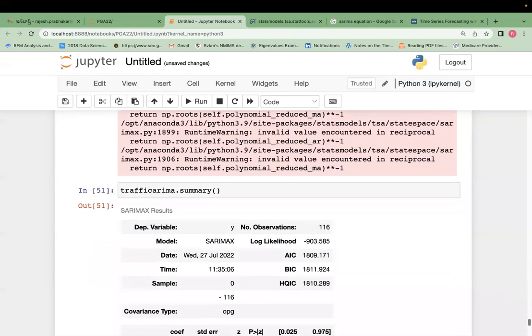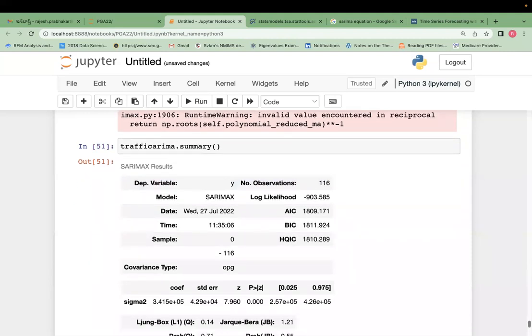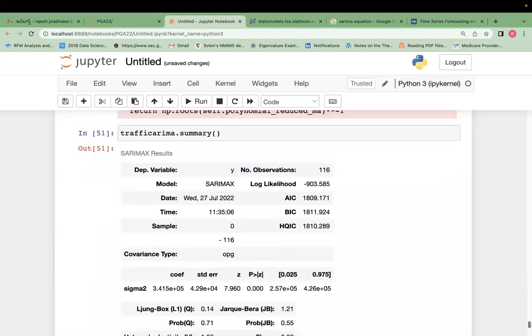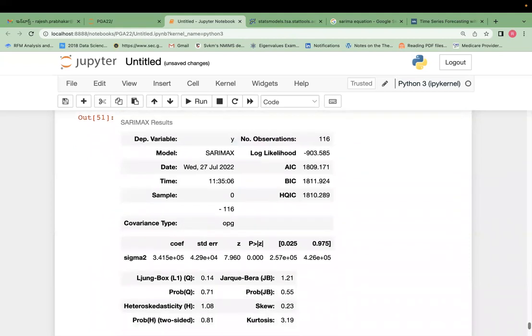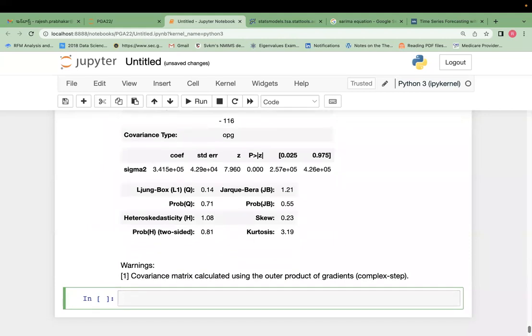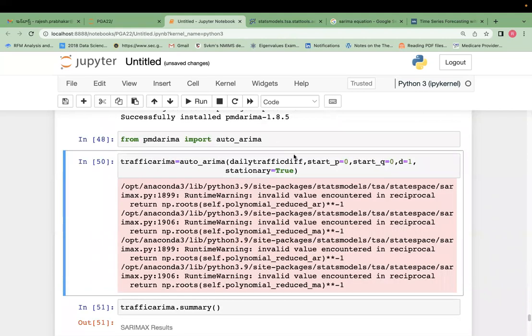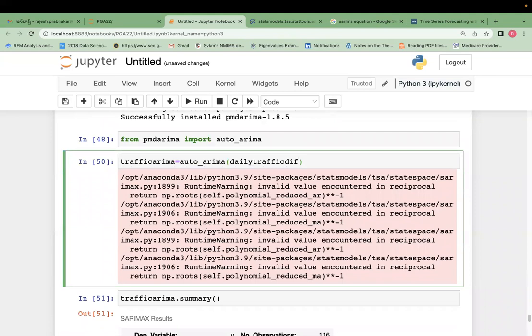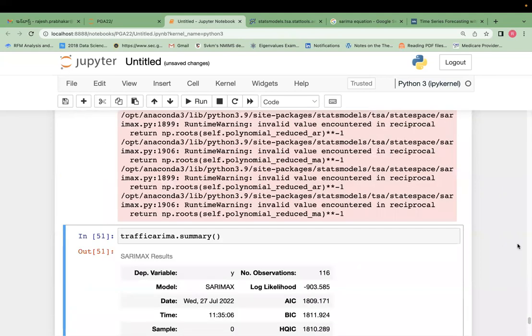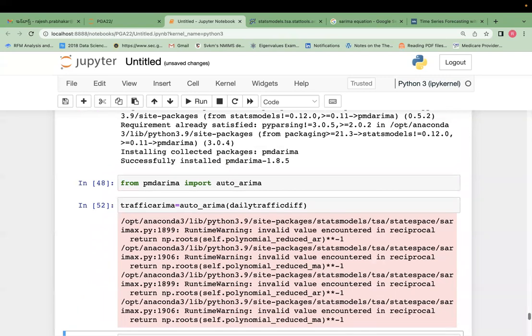It is a seasonal, sorry, there is a lag order. Model SARIMAX, where is the lag order? Oh, the lag order is not there. Okay, one second. daily_traffic_diff: invalid value encountered in reciprocal, return np.roots polynomial.